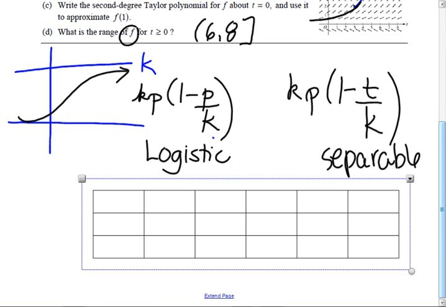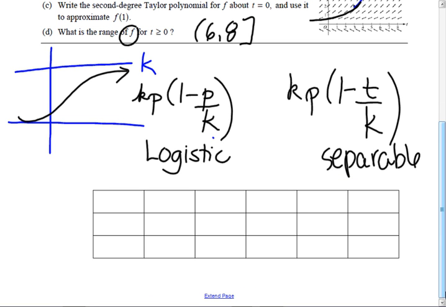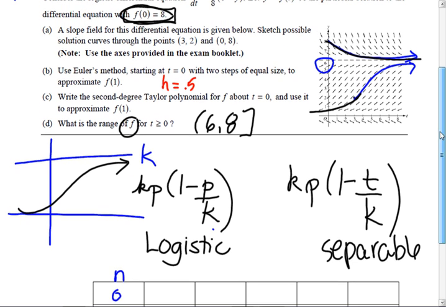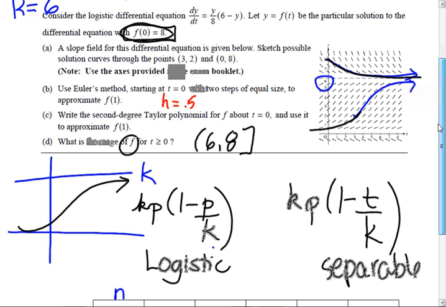Okay, so in the first column, we put how many iterations we are at. So we're starting at 0, and we started at what? What was at t equals 0? Oh, where are we starting for this function? At 8, right? It's all about that function. I think they throw us off when they do the 3, 2.